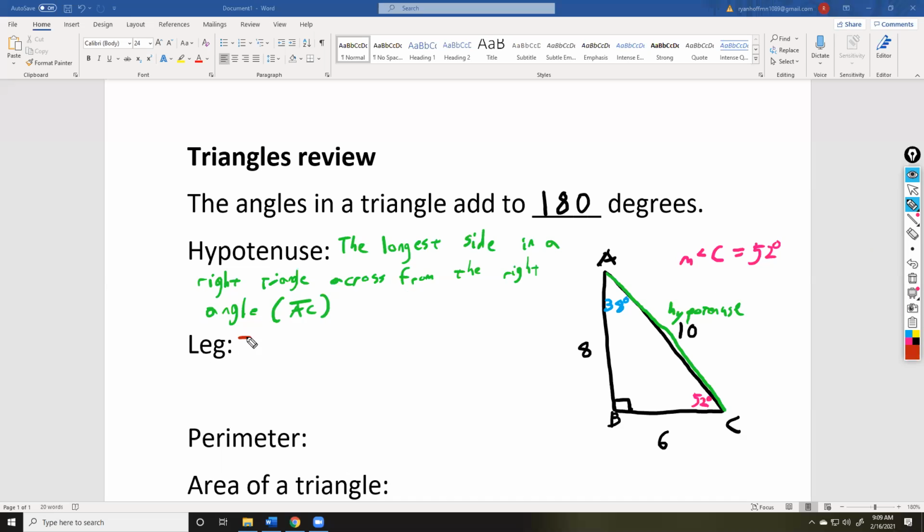Now, the other two sides that build the right angle are called legs. So if you trace out the right angle, the two sides that you create will be the legs.